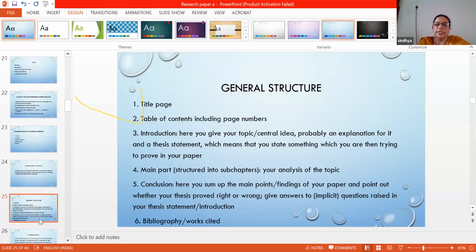And there must be an introduction, and there must be a main part. The main part is the analysis of the topic, which includes our hypothesis and methodology; everything is included in the main part. And we can make it sub-chapters. And there must be a conclusion and the bibliography of works cited. So this is a general structure to be followed while preparing an APA style paper.